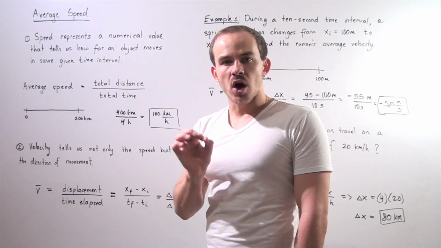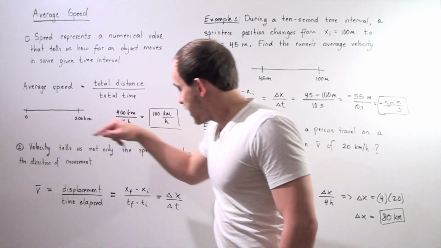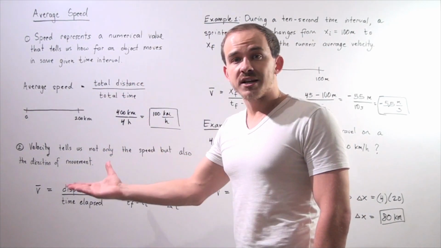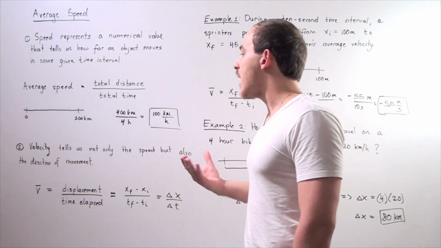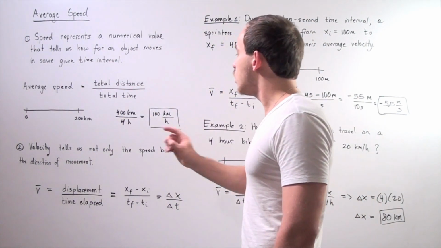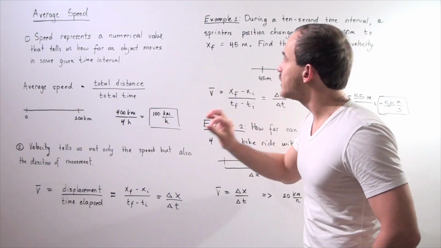Well, it was 0. That means x final, which is 0, minus x initial, still 0. So the numerator is 0 divided by 4 hours, so our average velocity was 0, even though our average speed was 100 kilometers per hour. So that's where our distinction lies.